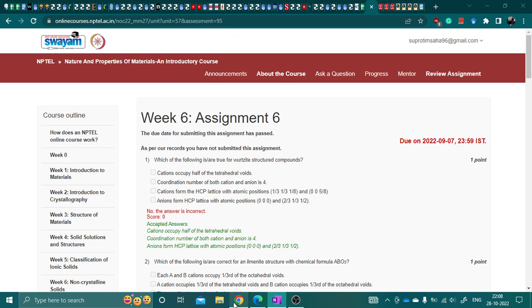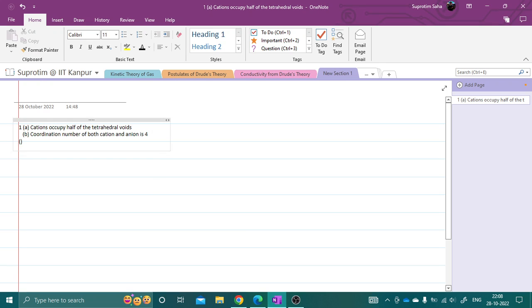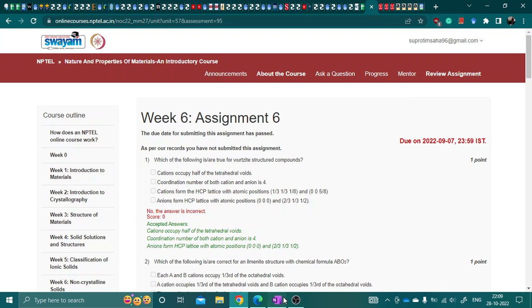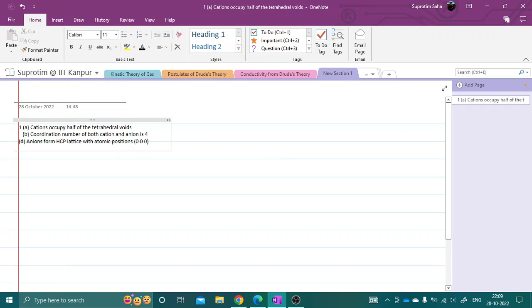And option D is also correct: anions form HCP lattice with atomic positions 0, 0, 0 and 2 by 3, 1 by 3 and half. So this is the first question.